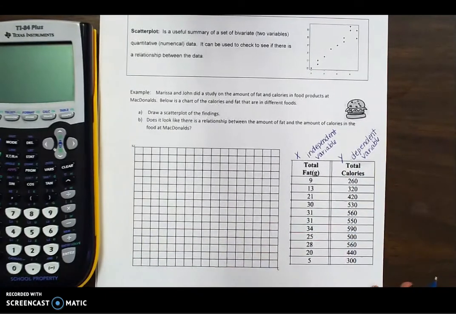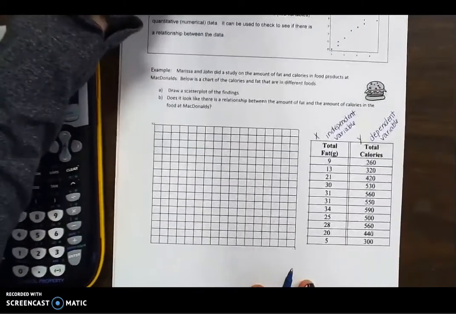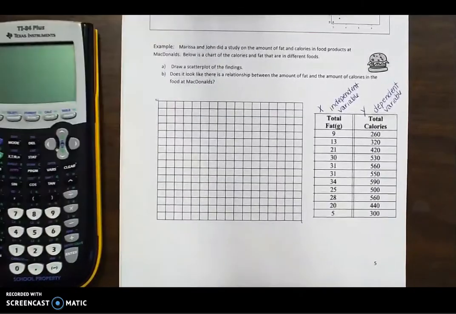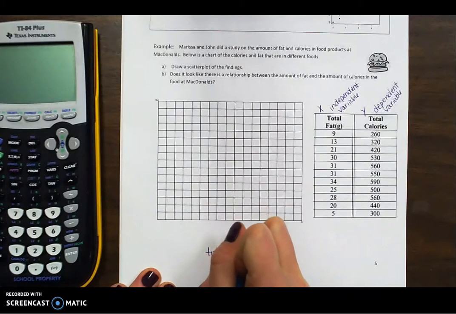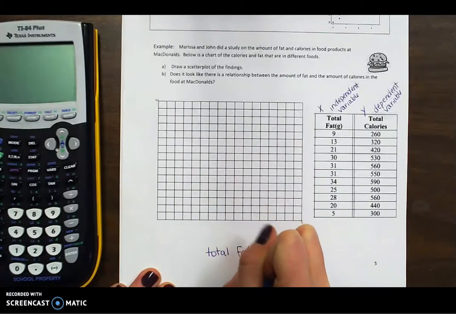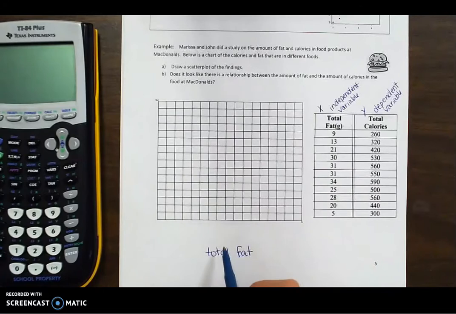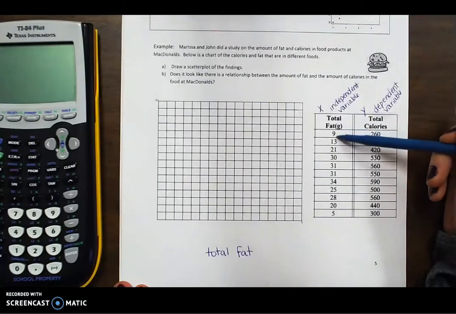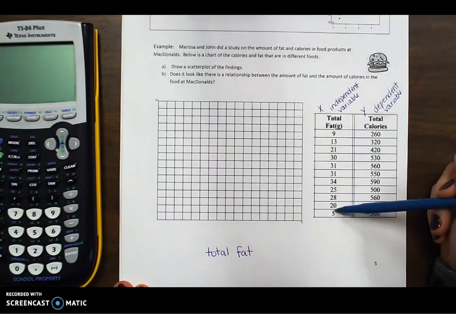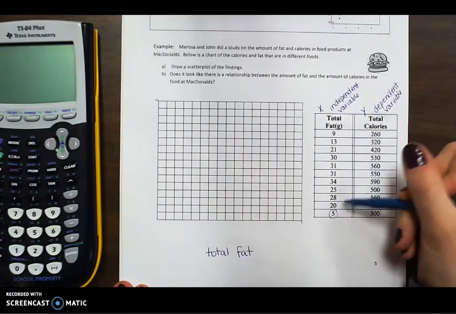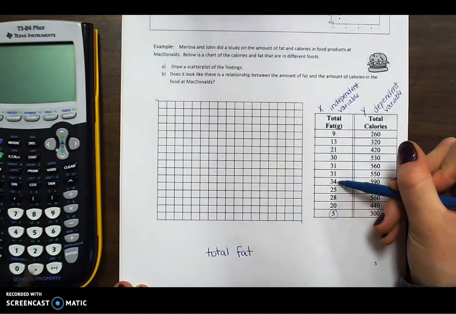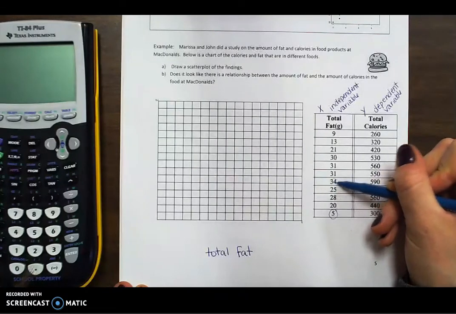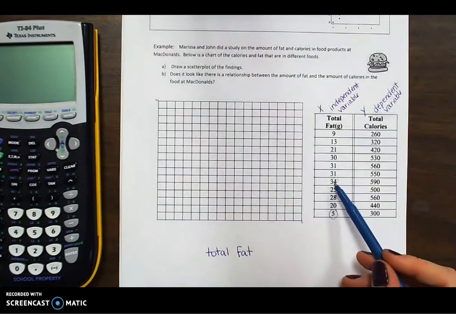All right, so let's go ahead. We need to create our scatter plot. All right, so our independent variable, your X, is going to go along your X-axis. So down here, we're going to have total fat. Okay, so let's take a look at your X value. So if I take a look here, we have our smallest X is 5, so this is your minimum. And your maximum X value, it looks like it is 34. Okay, so we're going to have to extend our X's from 5 to 34.